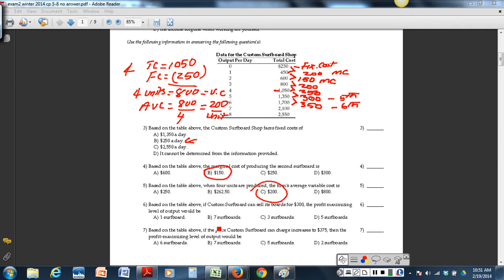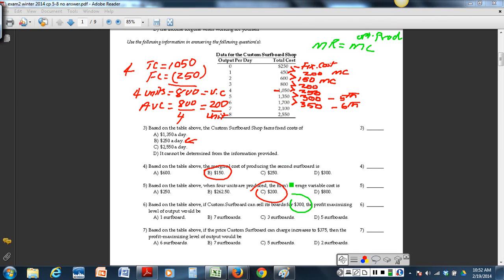And what is question number 6? Based on the table above, the custom surfboard shop can sell its board for $300. What is the profit maximizing level of output? Well, let's use a different color. Marginal revenue, we are saying every one of them can be sold for $300, right? So our cardinal principle is marginal revenue equals marginal cost is where you make your optimum production.